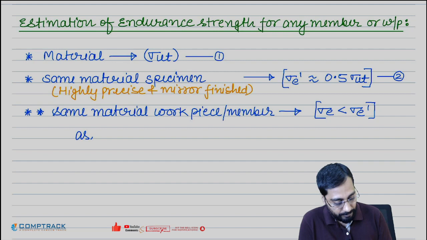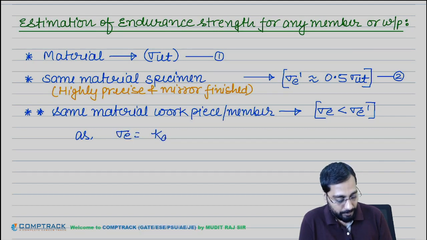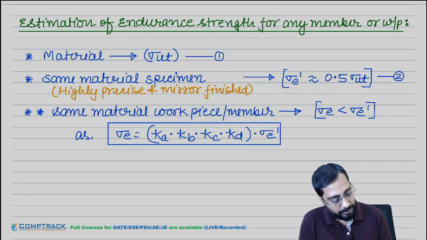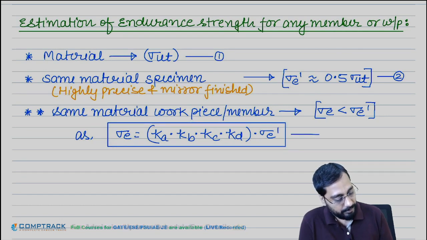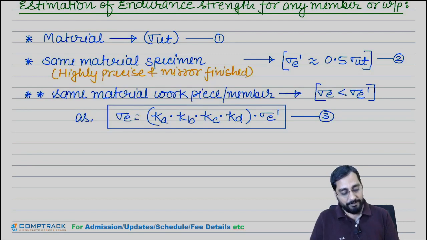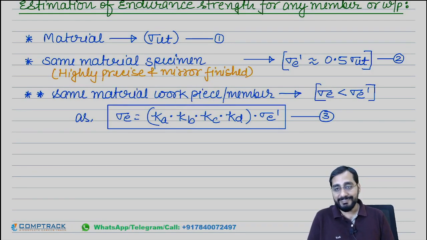So sigma E will be given by Ka, Kb, Kc, Kd into sigma E dash. So this will be your formula for endurance strength of the material, where all these factors have different significance.